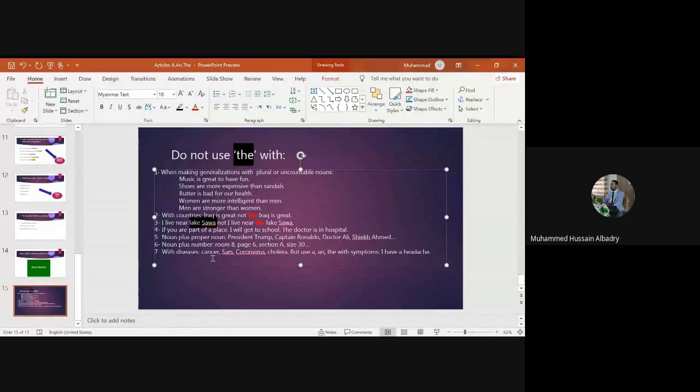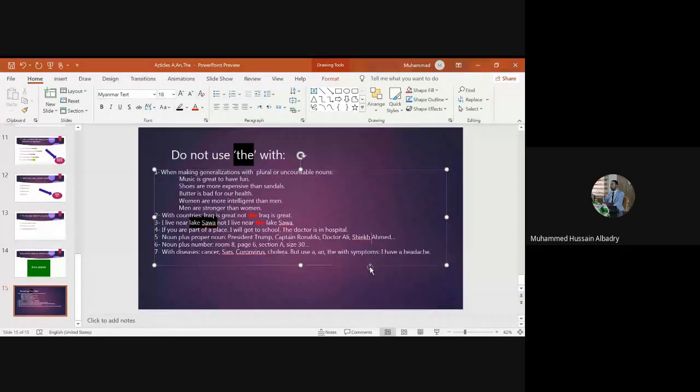With diseases: cancer, SARS, coronavirus, cholera, we don't use the. But use a or an with symptoms. For example, someone says I have a headache. This is a symptom, not a disease.